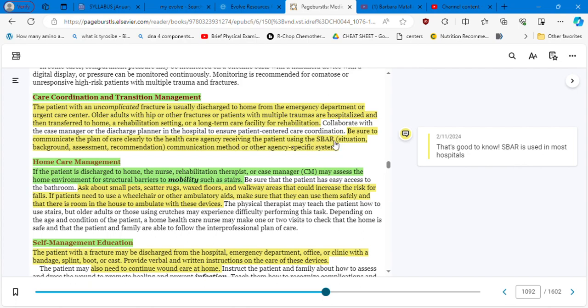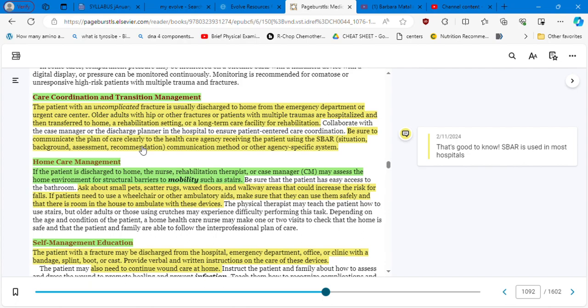And this is not only for musculoskeletal patients. It's a protocol that is in place in most hospitals whenever you give report at the end of your shift. SBAR: situation, background, assessment, and recommendation. You're going to describe the situation of the patient, how this happened, the assessment during your shift, and the recommendation.